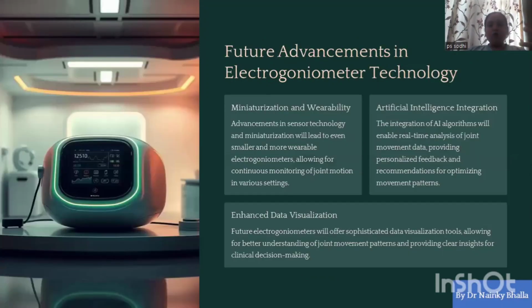So the future area is, with artificial intelligence, if we integrate this data, electrogoniometers could be given to the athlete or to the patient to correct himself at home.